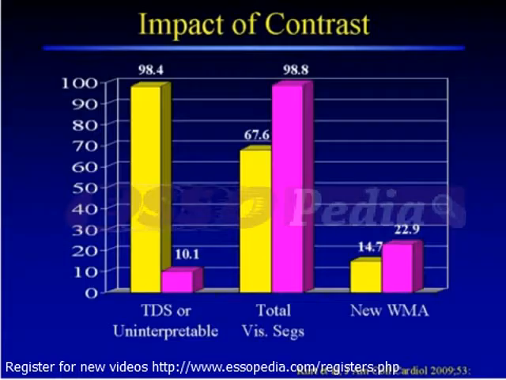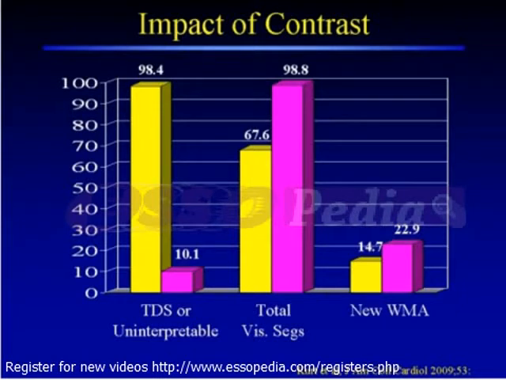This slide shows the impact of contrast agents on technically difficult echocardiographic studies. All the patients recruited into this study had technically difficult studies at baseline. The percentage of studies that were still technically difficult or uninterpretable after contrast use decreased from 98% to only 10%.